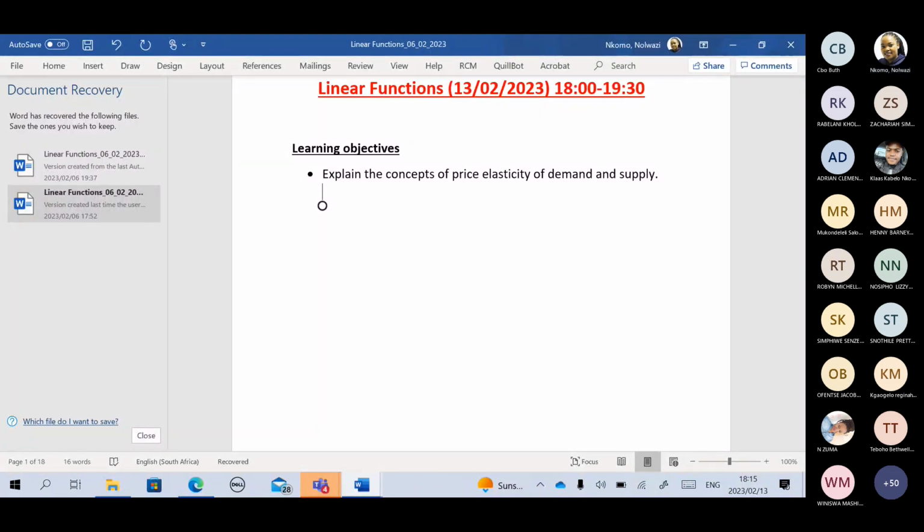So in general, the numerical value of elasticity is given without a sign, and this is called the absolute value.